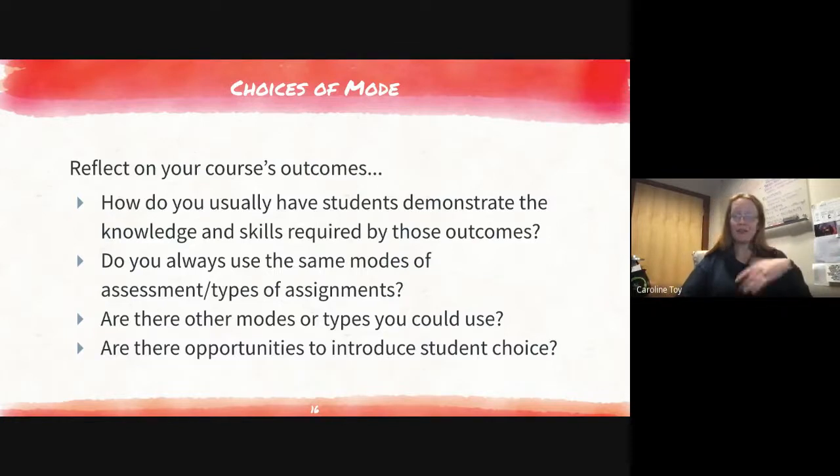And again, and I know I've said this several times, this involves coming back to your course's outcomes. So what we might be thinking about, traditionally, I have given a test or I have assigned a paper. What are other ways that I could assess those outcomes without using that structure? Or I might want to use that structure, but provide some opportunities for students to deviate from it, right?